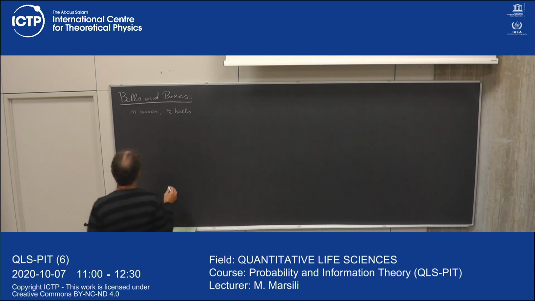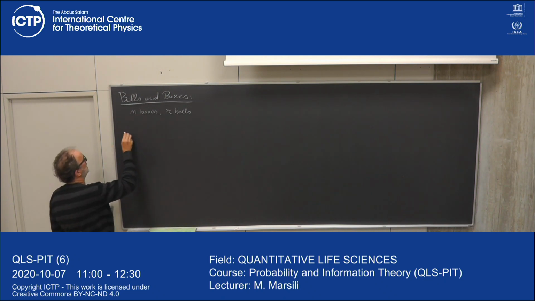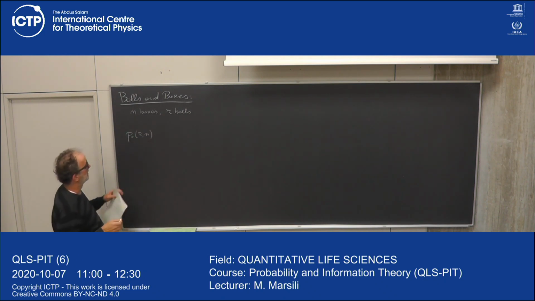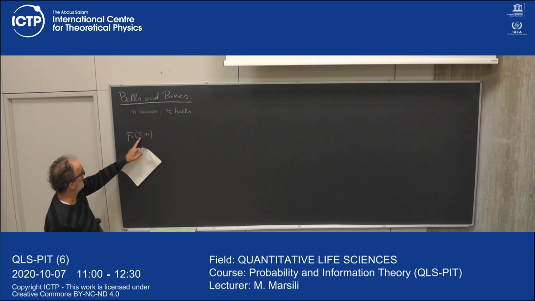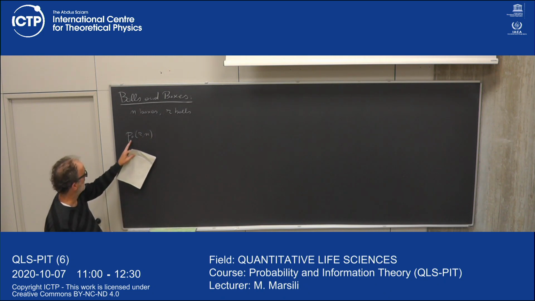But what we have seen is also that we can compute the probability that when you draw r balls into n boxes, then all the boxes are filled, so there is no empty box.